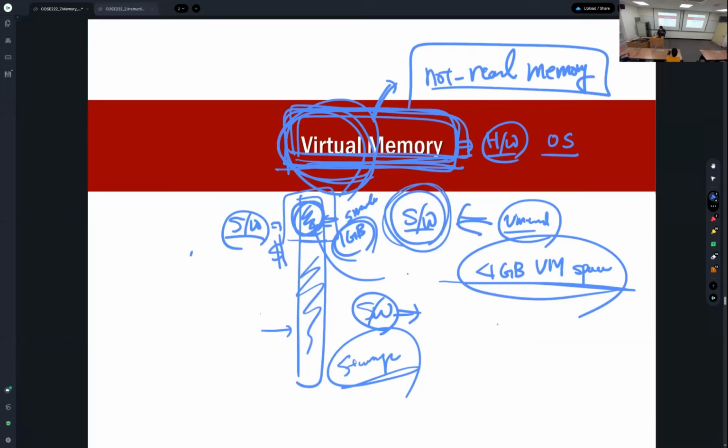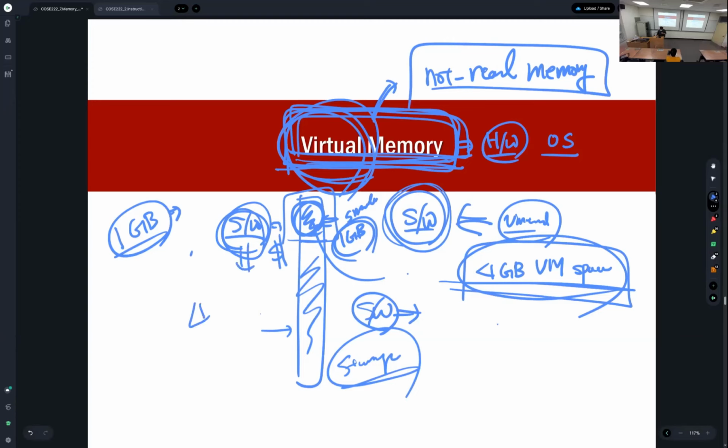Even though the computer system has 1 gigabyte of physical memory, it's a real memory, but the software thinks that we have a larger memory, 4 gigabytes. Then software can write the code with the limit of this memory size.